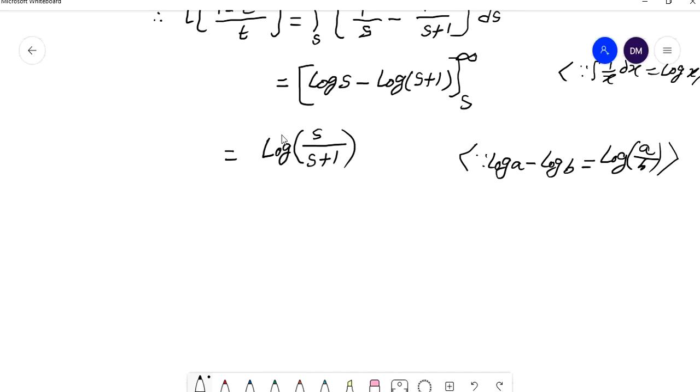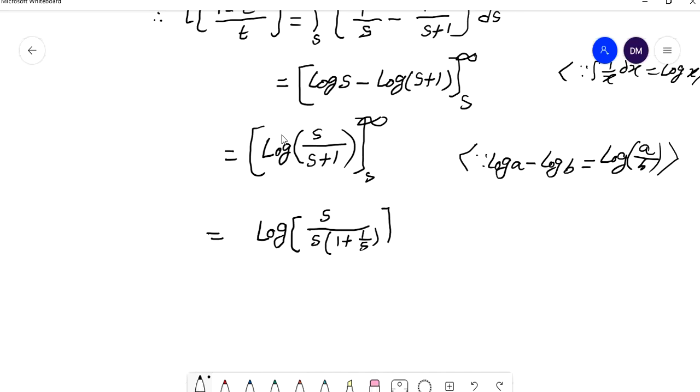The limits are s to infinity. In the denominator I can take s common, then we get s by s times 1 plus 1 by s.